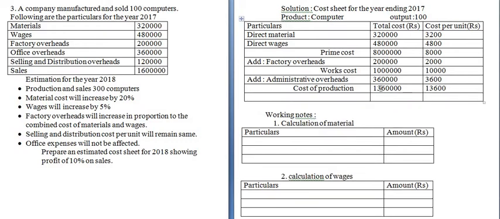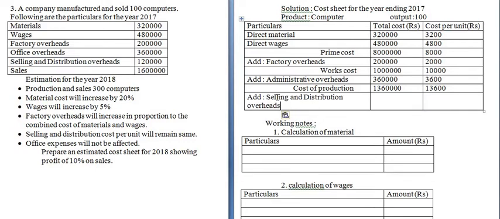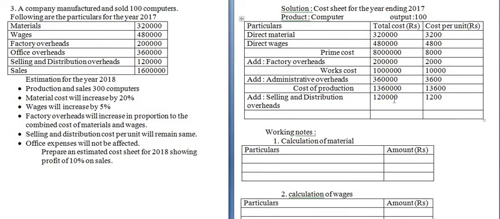Now again add selling and distribution overheads. Selling and distribution overheads amount is 1,20,000 and divided by again 100, so that will be 1,200.